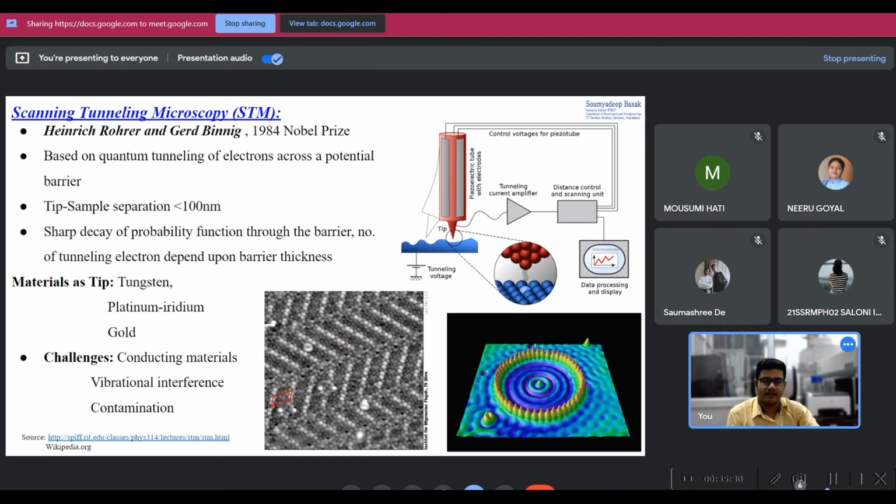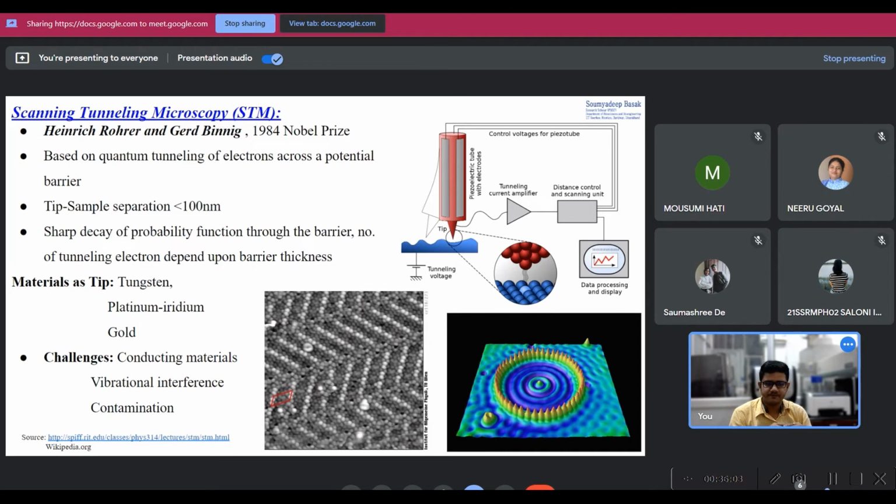This kind of detection can also be done using this STM. A challenge is there because it is based upon voltage and current measurement, so it needs to be a conductive material for the measurement to be done. There might also be vibrational interference: if the sample is vibrating even very slightly, the detection pattern will change. And if the sample has any kind of contamination, a very small dust particle or anything on the sample surface, the detection will be different.